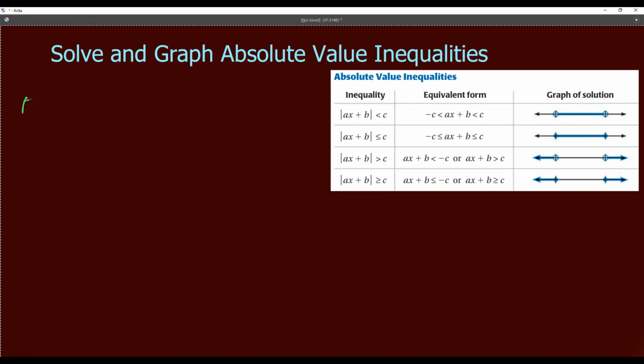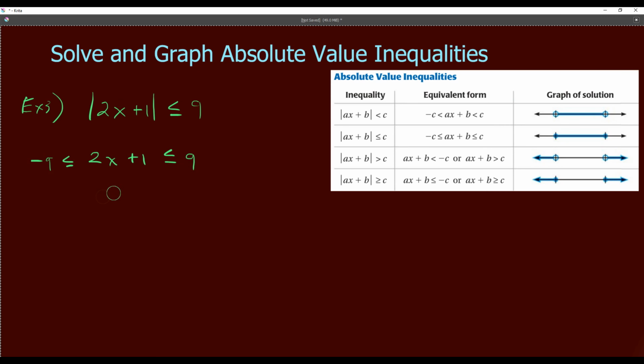Let's do example number 3. I have absolute value of 2x plus 1 less than or equal to 9. Alright, so less than means it's going to be together. Alright, less than is and, so they point in. Alright, so they stay together. So I have negative 9 less than or equal to 2x plus 1 less than or equal to 9.